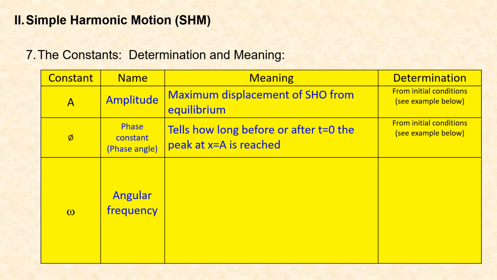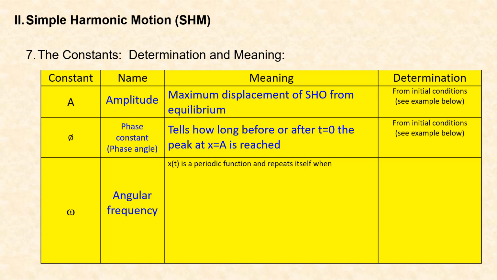I want to show you here, though, the relationship between omega, this constant, and the period of oscillation or period of vibration. We are assuming that when we have a simple harmonic oscillator, the position is a periodic function, and so is the velocity and acceleration.